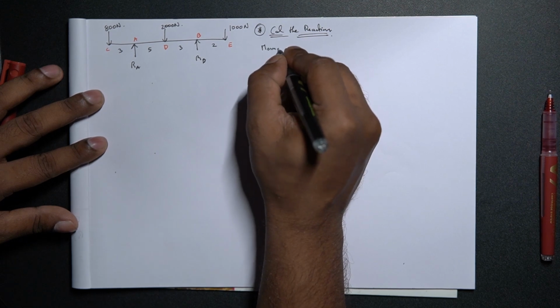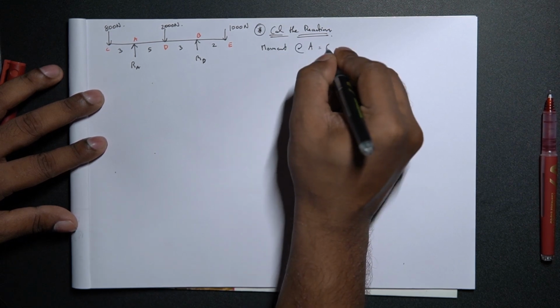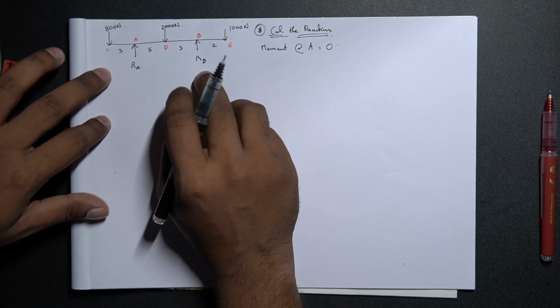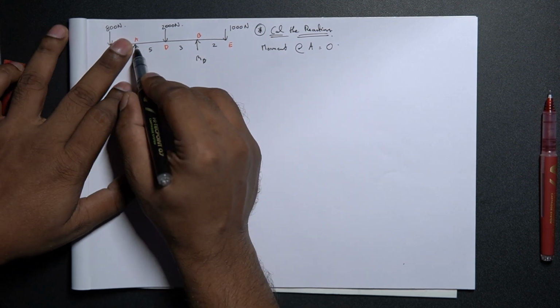Let the moment at A be equal to 0. So that is RB, we're calculating the moment at this point.